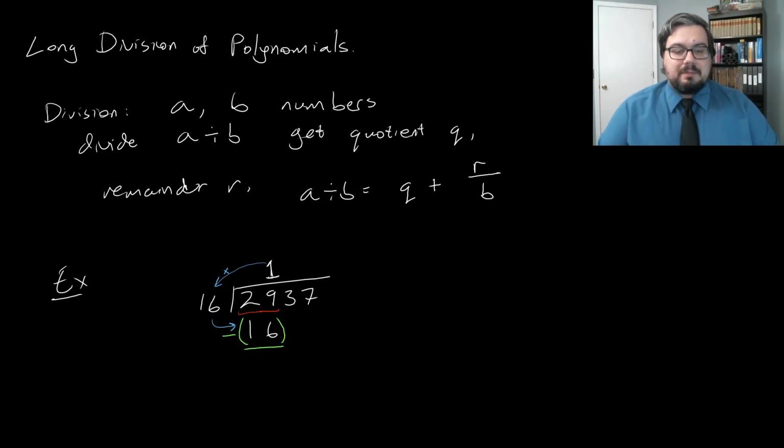And 29 minus 16 is 13. And then we bring down the next digit. In fact, it actually works in the process to bring down all remaining digits, although we don't often do that, but I will for this example so that we can compare it to what we're going to do with polynomials.